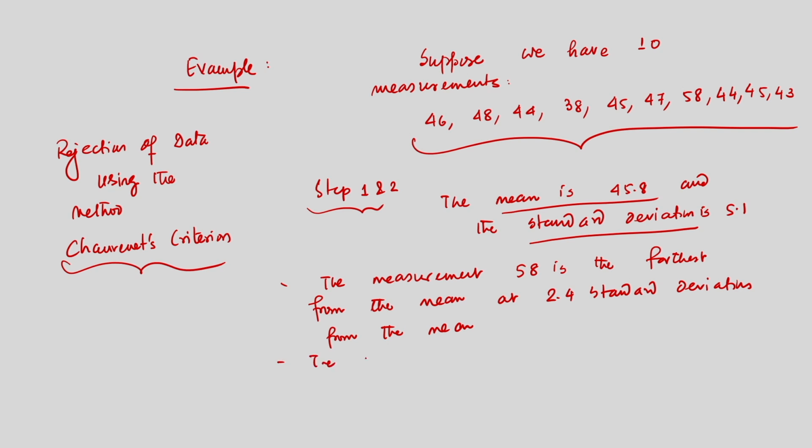The probability of getting a measurement 2.4 sigma or larger is 0.016.